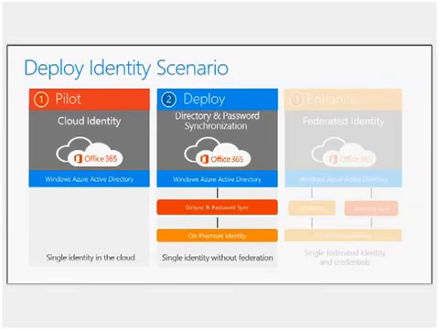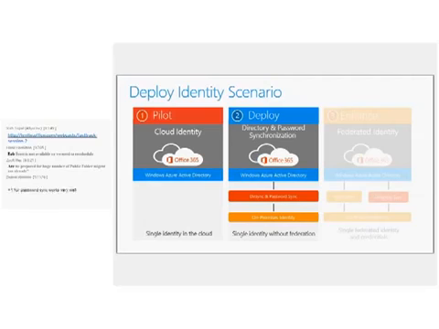We've seen a huge uptake, and a lot of customers extremely happy with being able to do DirSync with password sync before or in lieu of going through Active Directory Federation Services. So being able to step up into a better type of experience for the end user without having to do a ton of infrastructure has been a key play for our customers and partners over the last 6 months or so. So that is the identity scenario we're going to go deeper into.